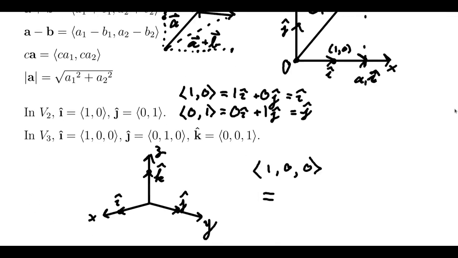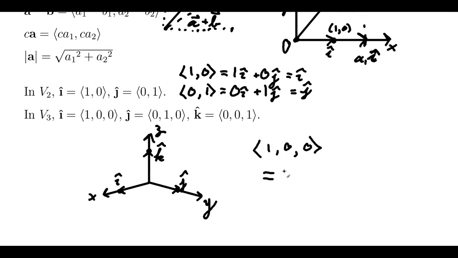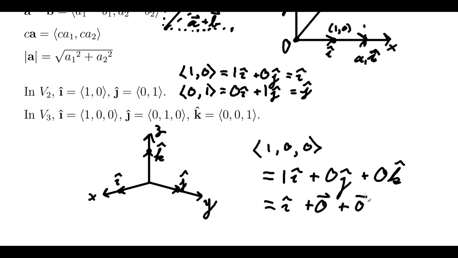And so that's what we have here. 1, 0, 0 would represent 1i plus 0j plus 0k, and 1i is I, 0j is the 0 vector, 0k is the 0 vector, and I plus the 0 vector plus the 0 vector is just I. You can do similarly for j and k. All right, so we get these nice little representations here.